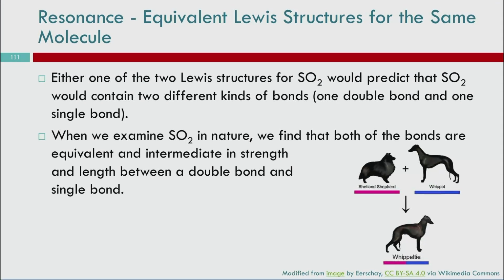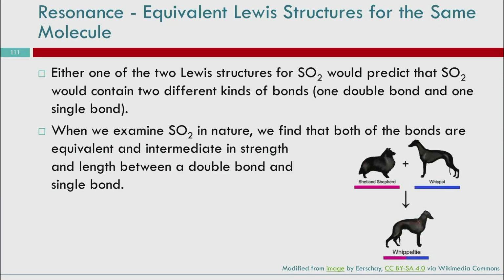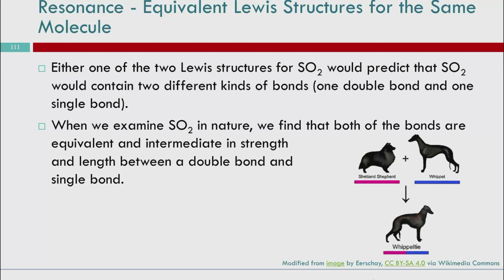All right, so again, either one of those 2 Lewis structures predicts that SO2 contains 2 different kinds of bonds. When we examine it in nature, we find that both of the bonds are equivalent and something in between. So we might draw it with 1 full line and dashed lines, and I'm not going to draw in the rest of the electrons.